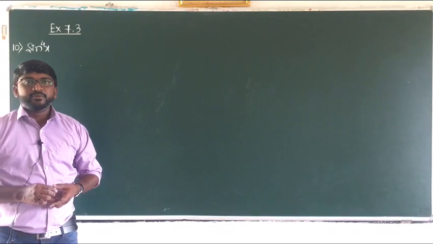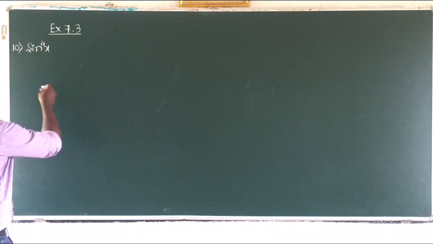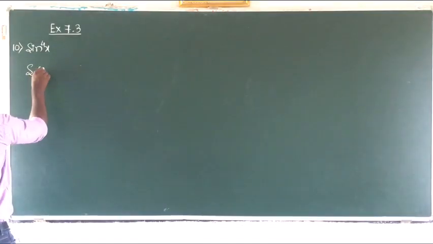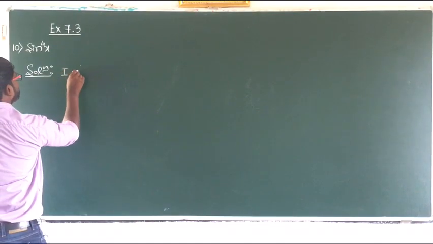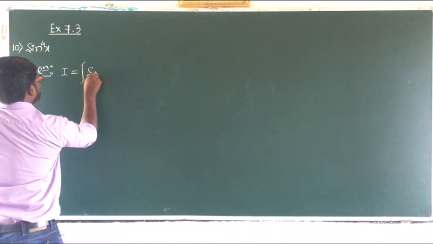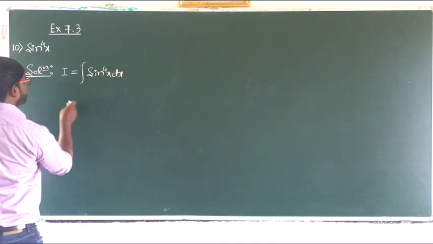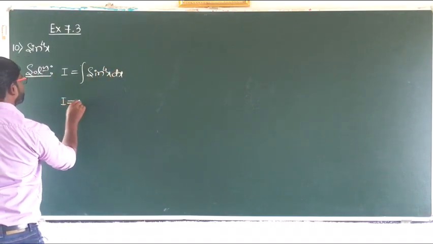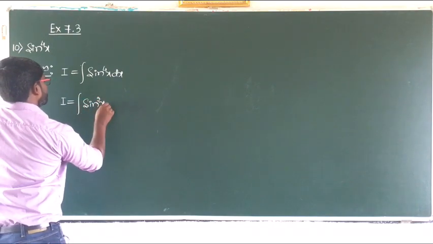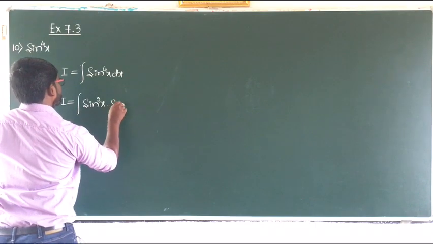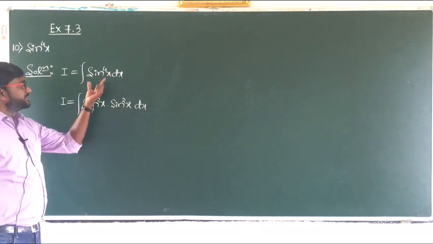Well, the 10th problem is sin to the power 4x. So here sin raised to 4x can be written as sin square x into sin square x. I is equal to the integral of sin to the power 4x dx, which is the integral of sin square x into sin square x dx. So I have written this in this form.